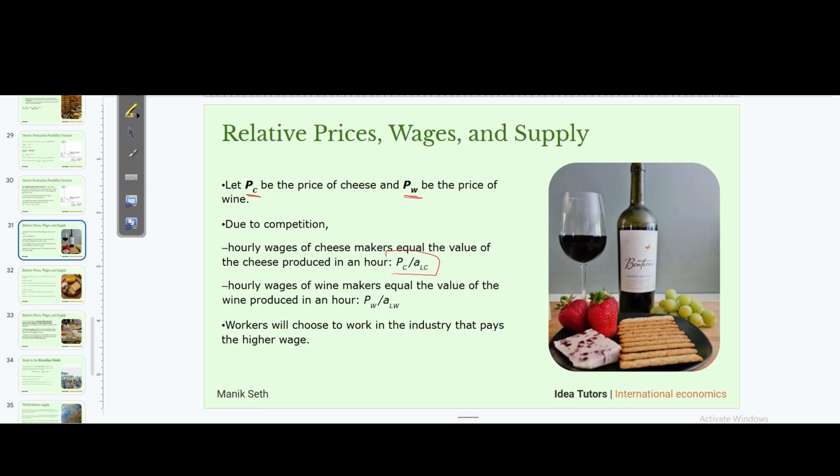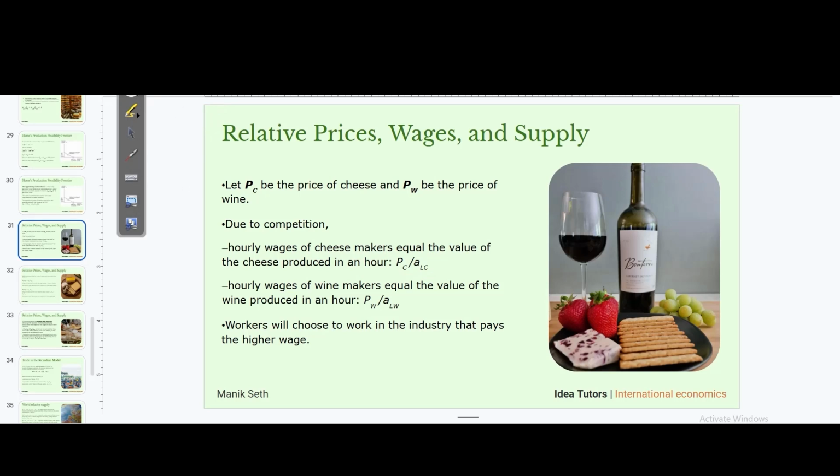So PC divided by ALC, the price divided by the labor requirement, gives me the hourly wage. Similarly, for wine we have PW by ALW. Given this, workers will choose to work in the industry that pays the higher wage.